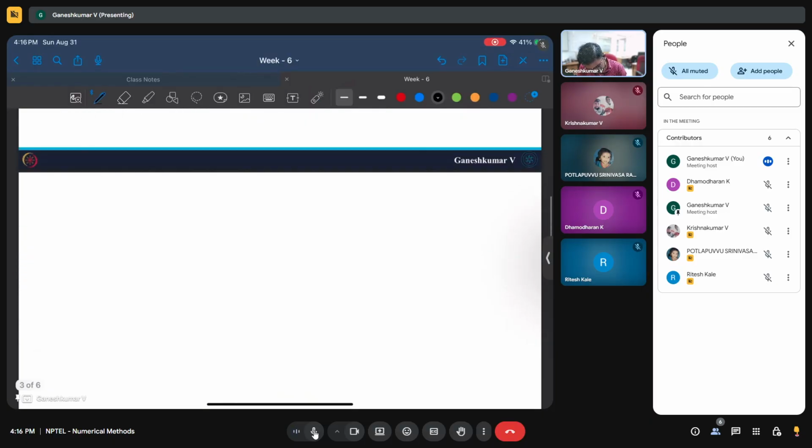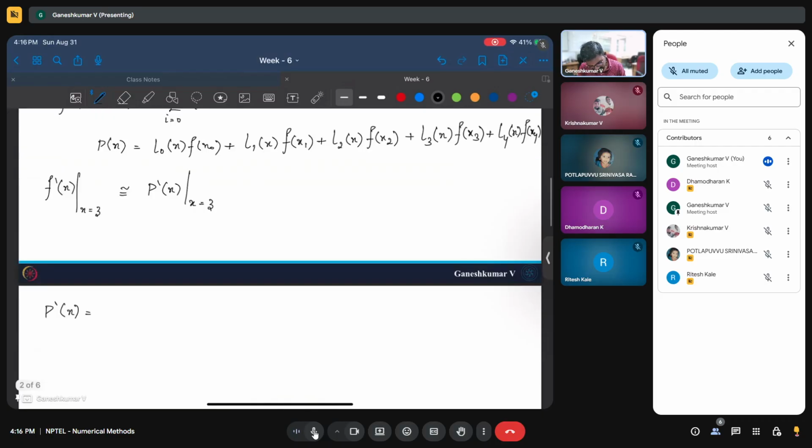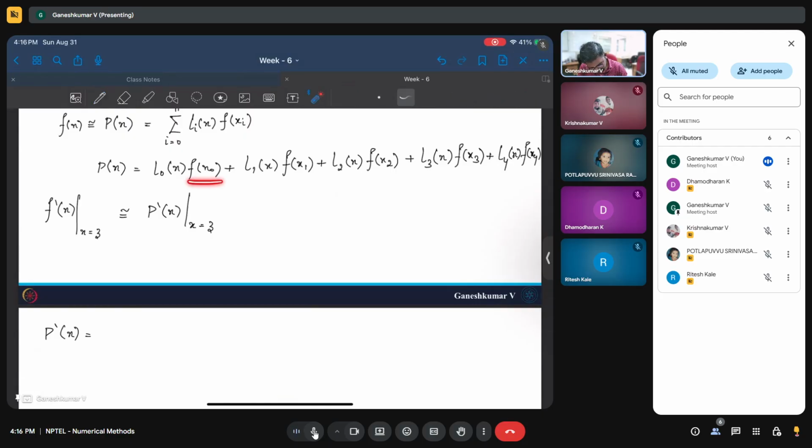So let's write this down. p dash of x is going to be, since these f of x naught, x1 are constants from the table, this is only a function of x, so you have to differentiate only the Lagrange coefficients.